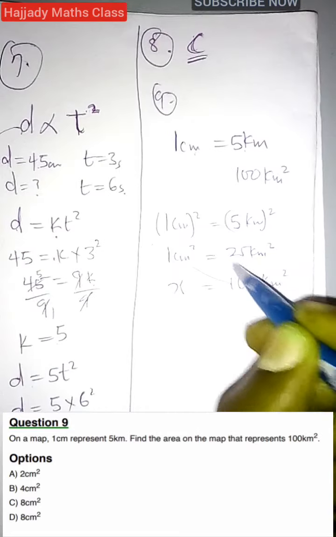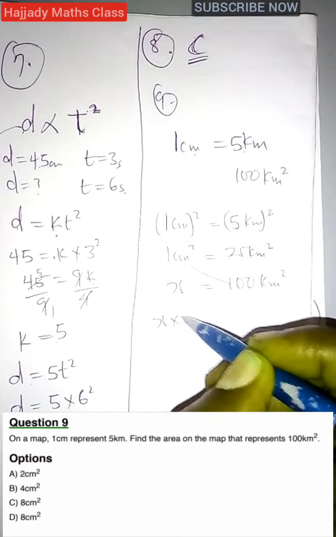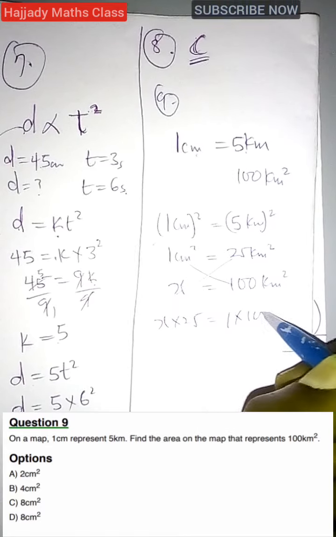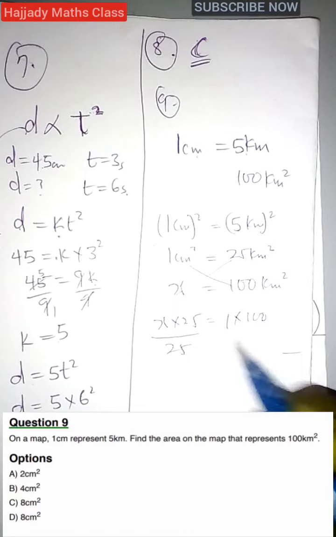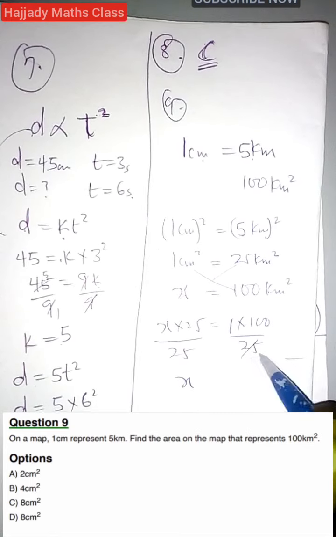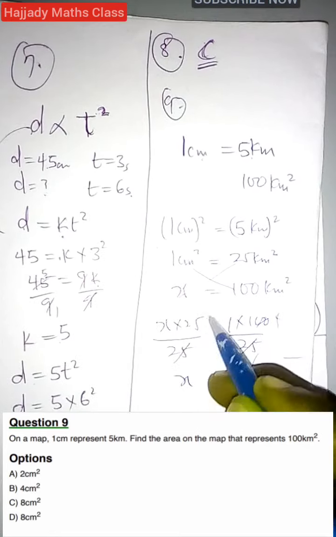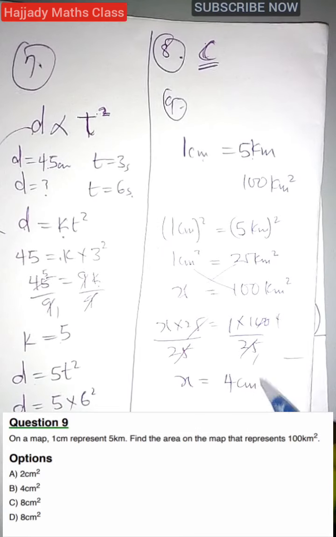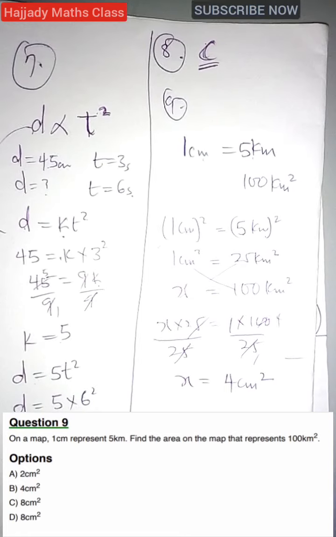Cross multiplying, we have x times 25 equals 1 times 100. Divide both sides by 25. So our x will be 25 here 1, 25 here 4, and this cancels out this. Our x is 4 centimeter square. So that is question number 9.